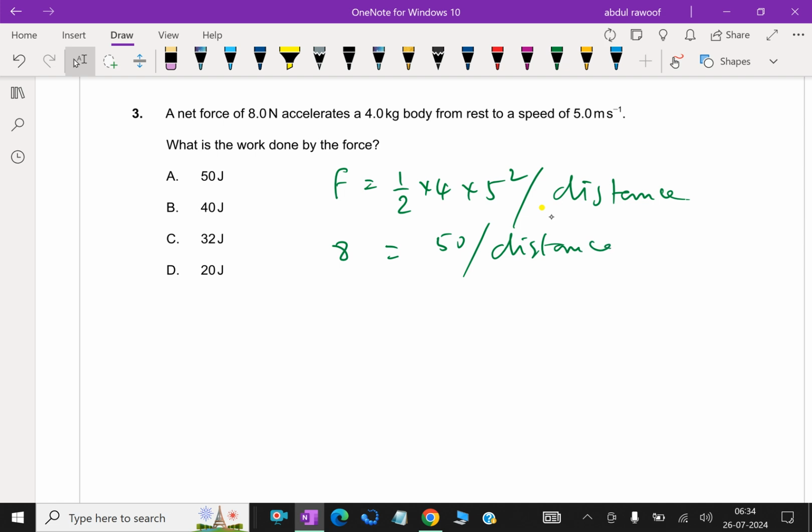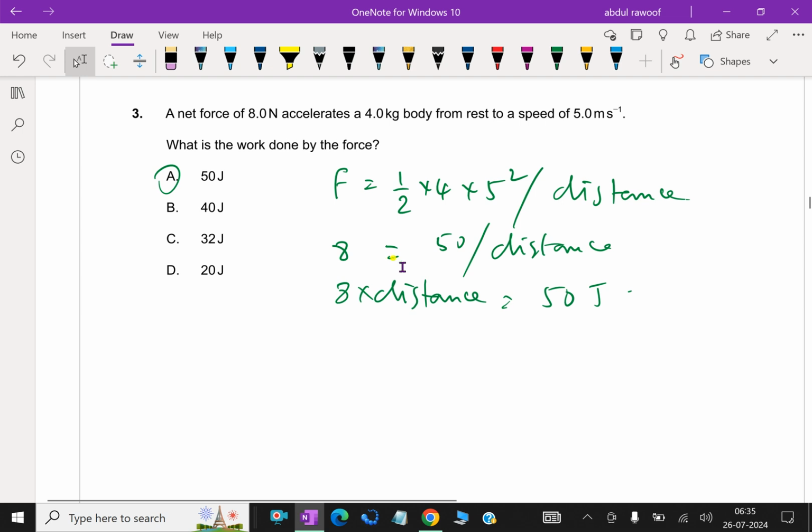Then force into distance, that is 8 into 50 over 8, is 50 joules. So option A.